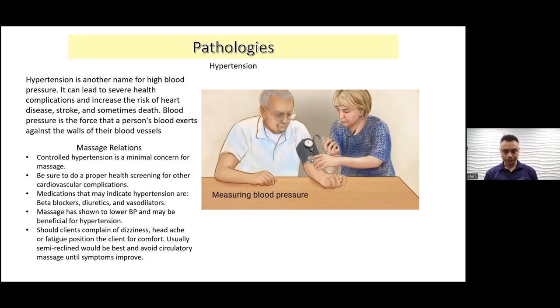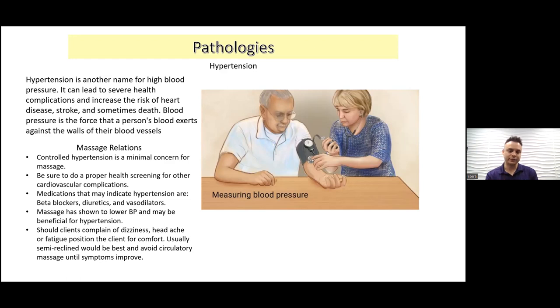But anyways, again, hypertension can be a contraindication in massage, but it's not necessarily a huge concern in some cases. It's just erring on the side of caution and liability, right? Because should they so happen to have literally had a stroke of bad luck and it was their time to go and they died on your table, that's a problem, right? And we don't want that.